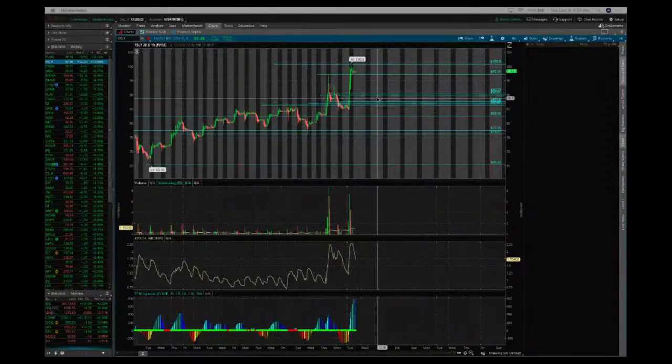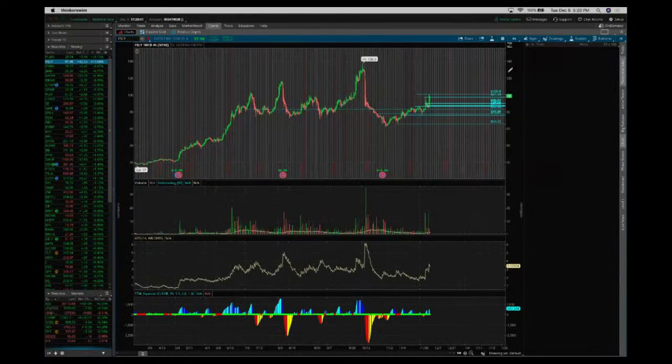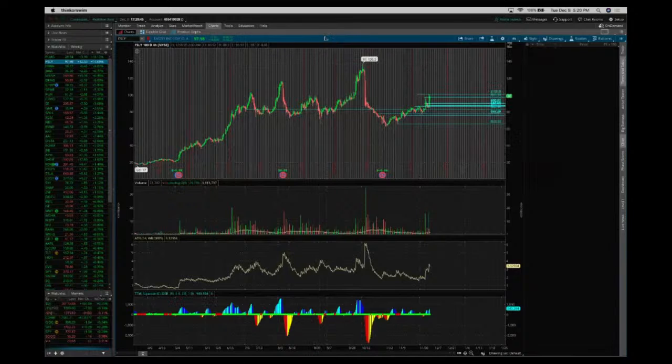Okay, so time frames. What I suggest is that you guys rate your levels using the 20 days 1 hour and 10 days 30 minutes. Sometimes, like Fastly right now, you see how high this is? You might have to go to other time frames, like here 180 days and 4 hours, to see other resistances.